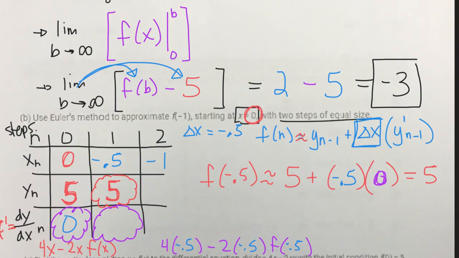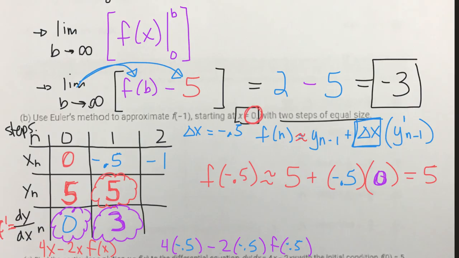Okay. Minus a minus is a plus. 2 times 1/2 is 1 times what is f of negative 1/2? 5. That was 5 that we just calculated a second ago. So negative 2 plus 5 is 3.